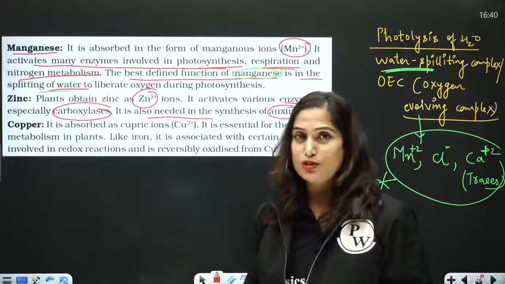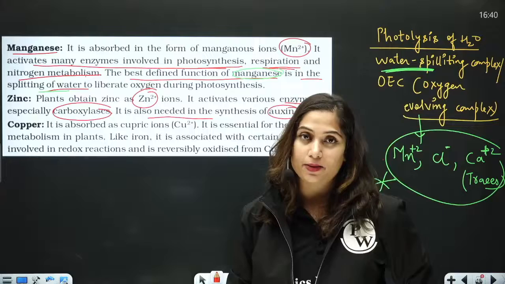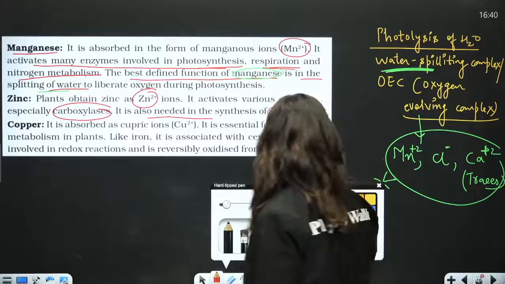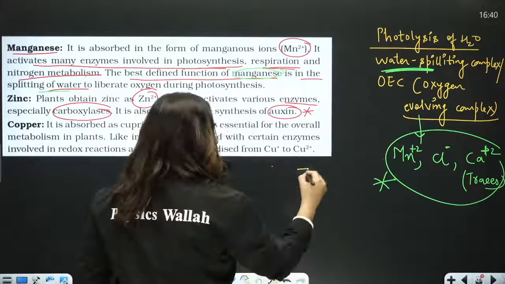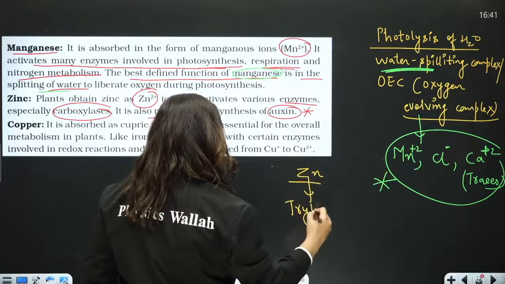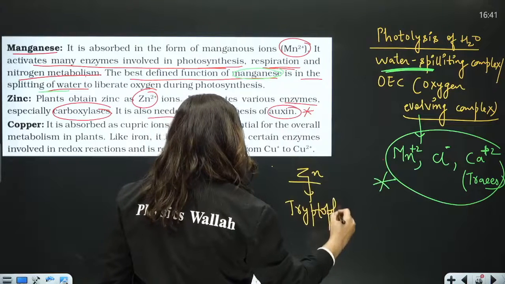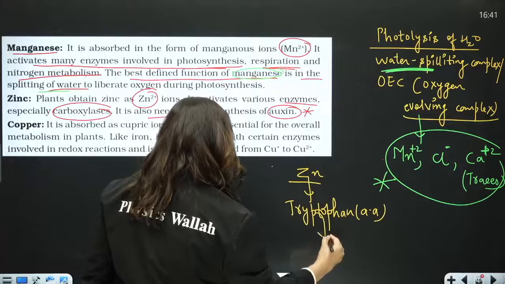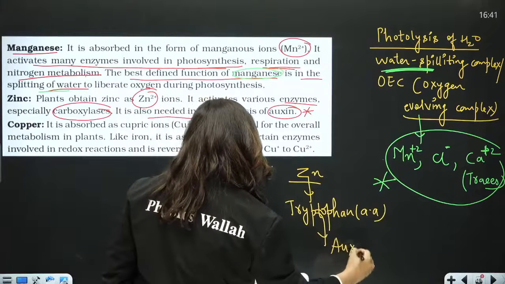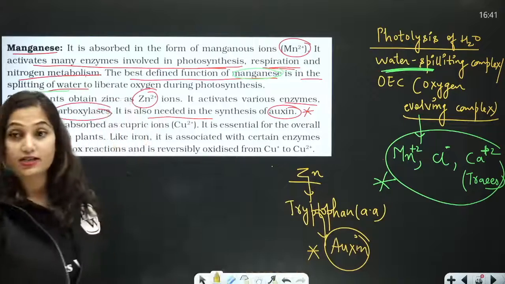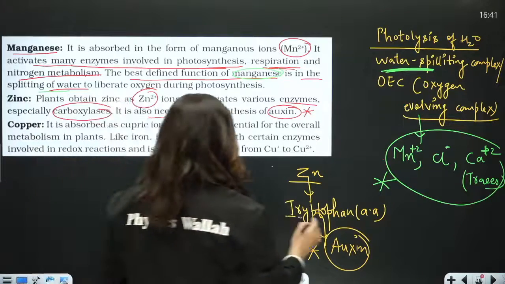Zinc is responsible for the formation of tryptophan, which is the amino acid responsible for the formation of auxin. So you can say that zinc is responsible for the formation of the amino acid tryptophan, and this tryptophan is essential for the synthesis of auxin. So we say that zinc is very essential for the synthesis of auxin.